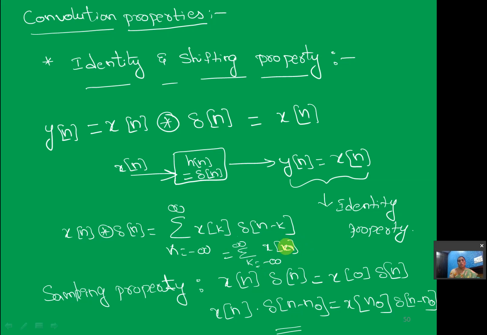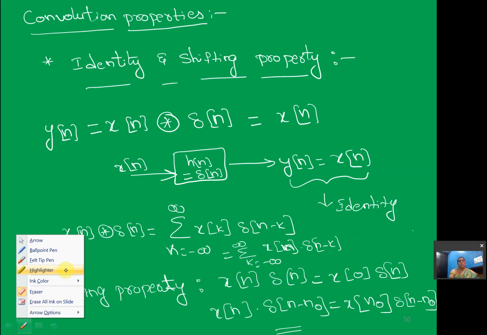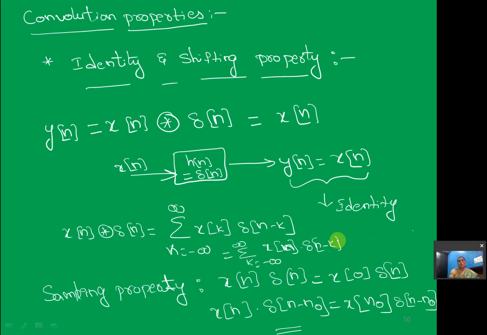How can I denote this? X of k at k is equal to n means x of n into del of n minus k. Observe here, x of n is now independent of k, so take it outside. Then summation k from minus infinity to infinity of del of n minus k. What is the summation of the impulse function?